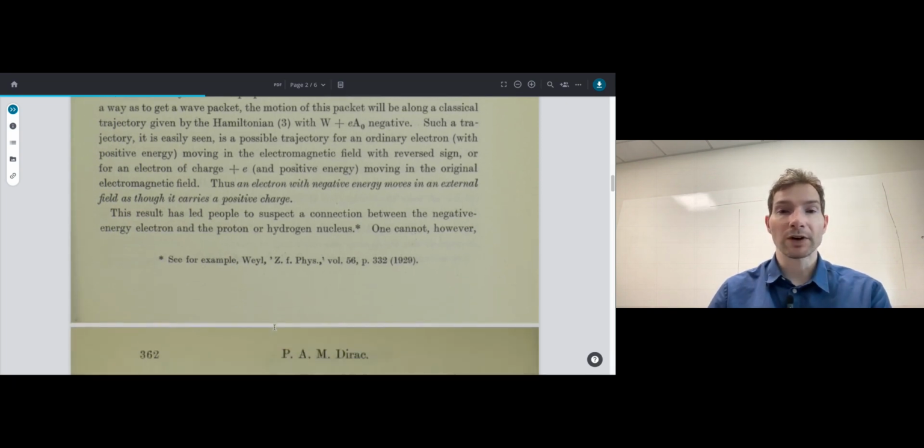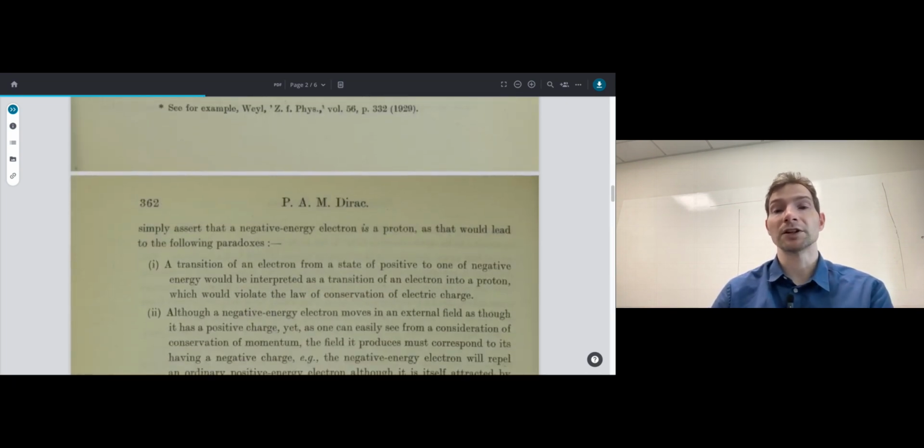In the rest of the article, which I leave to you, there is a whole range of discussions about how these negative energy states could explain the proton. Dirac also mentions various challenges, such as how to explain the asymmetry in the masses between electrons and protons, and he puts forward some ideas about how we could justify these asymmetries.